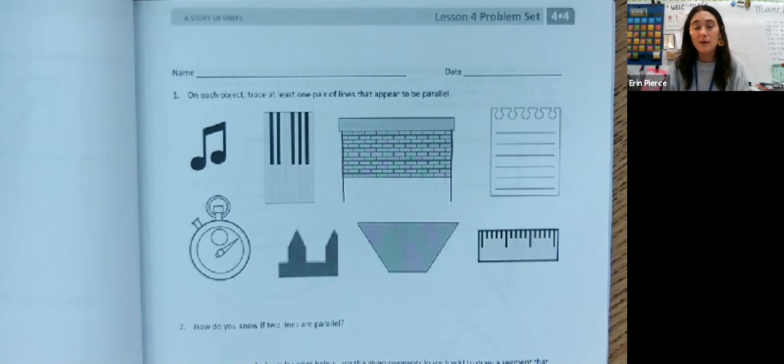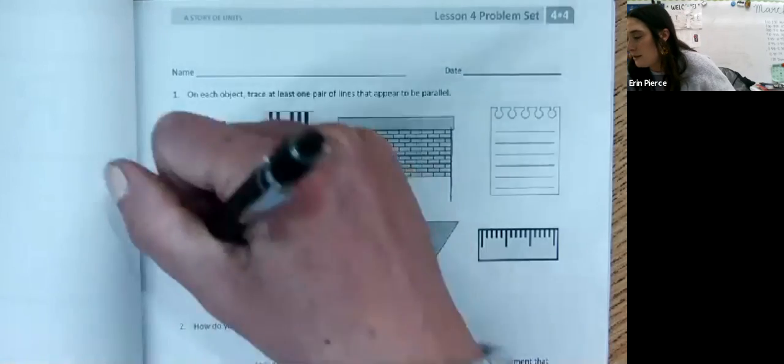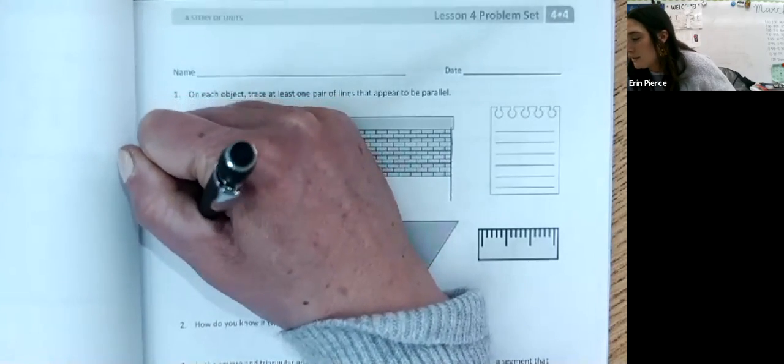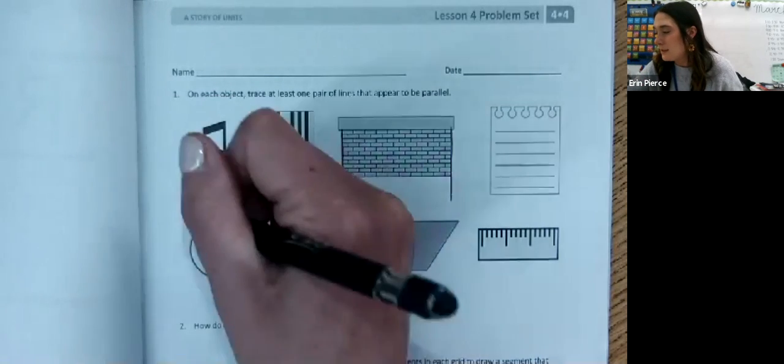Now that it's been 2 minutes, I would like to go over how you would notate some of these parallel lines that are harder to find. So I found a set of parallel lines on this watch. Did you see this set? Or did you see this set?